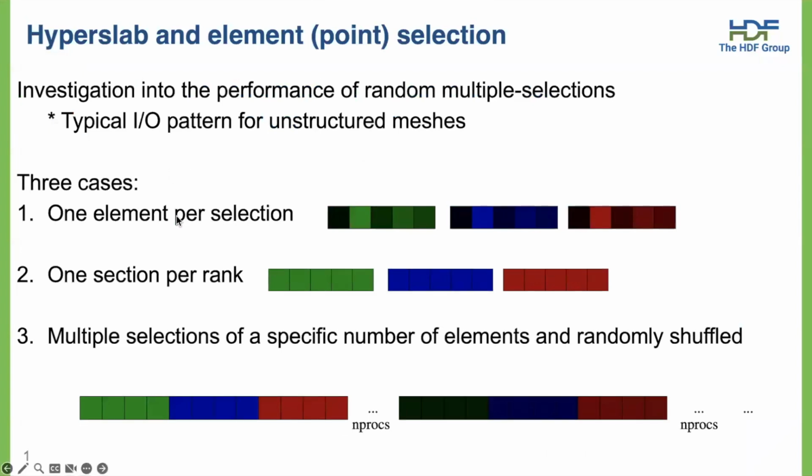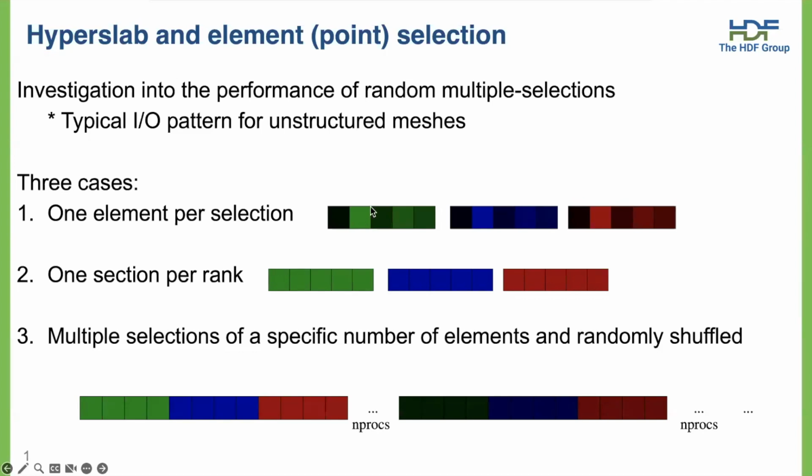The first case is the worst case possible, an extreme case where you have one element per selection. You assign one hyperslab per element, and you also do one point selection per element. How I arranged it was each rank, each a different color, has part of this, and we select each element and then shuffle them so they're random.